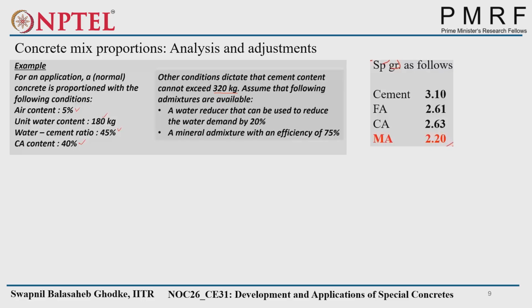And the other things: air we have 50 liter. Then coarse aggregate content we have to fix. That is 400, so 1052 in kg, right?